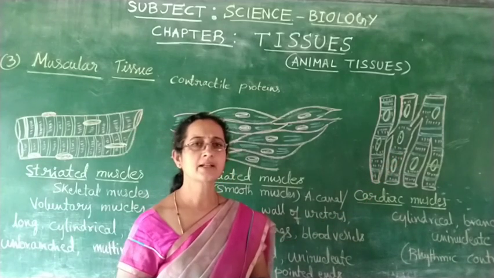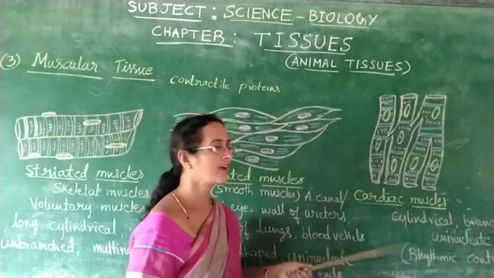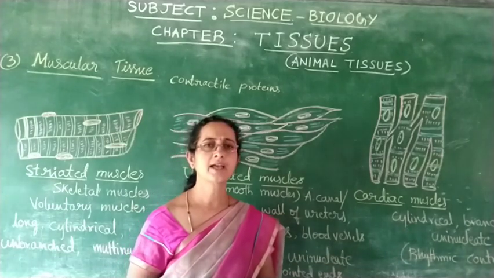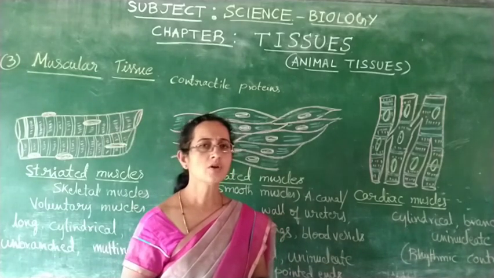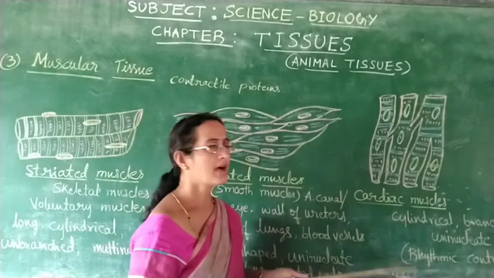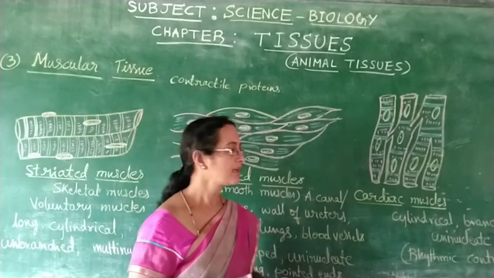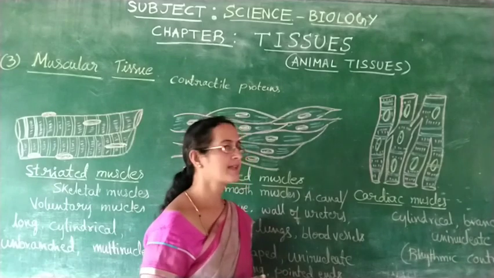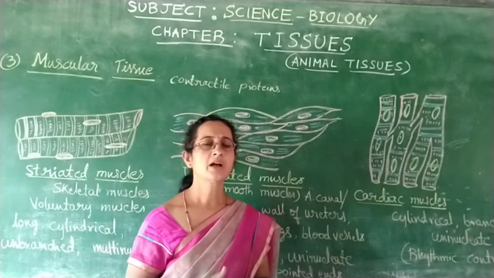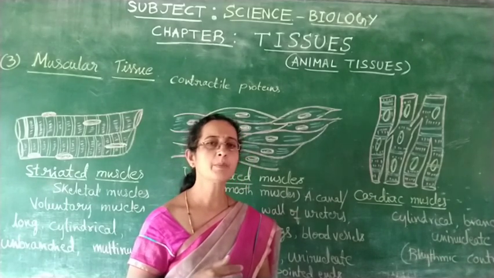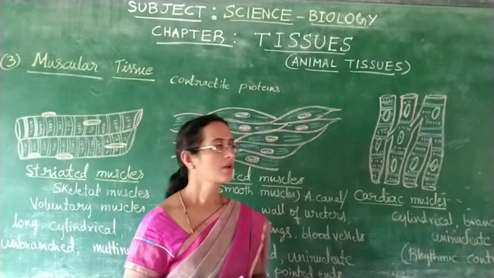Another character is that they do not undergo fatigue, so they do not get tired easily. As you know, the muscles around the heart have a rhythmic contraction and relaxation. With the help of that, the heart pumps the blood.